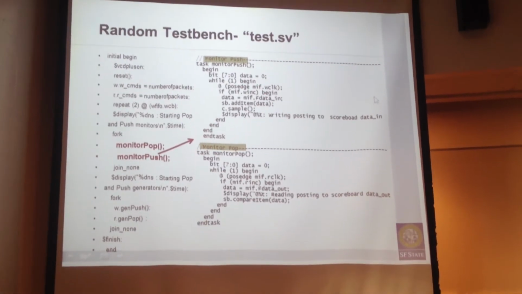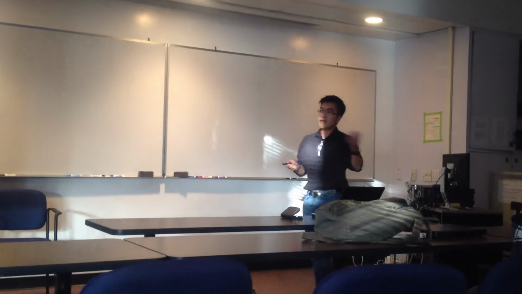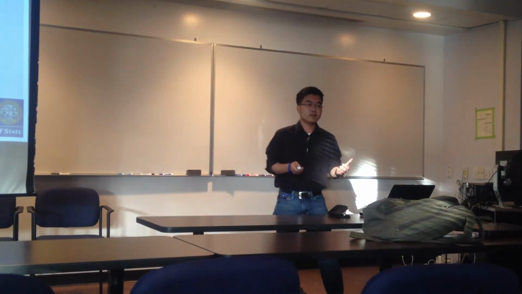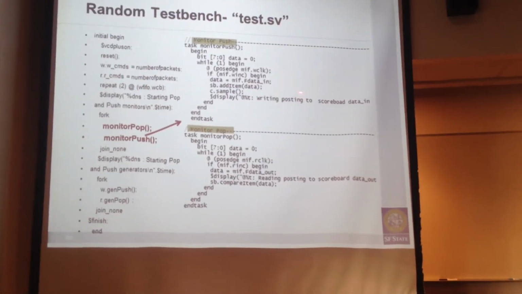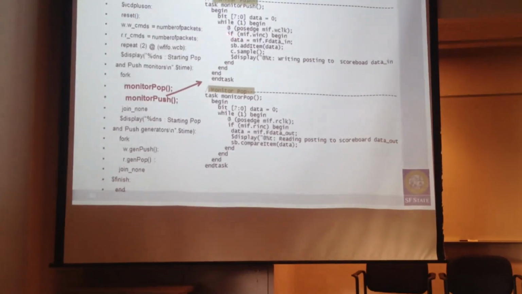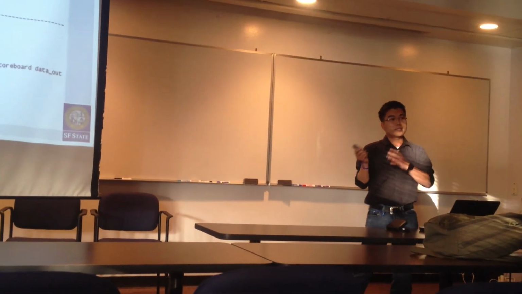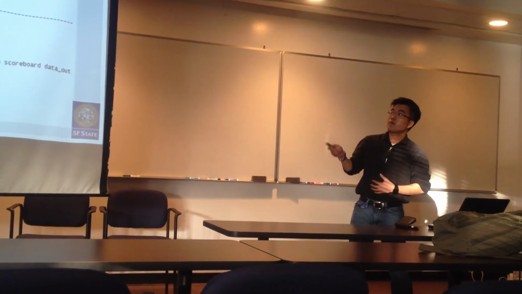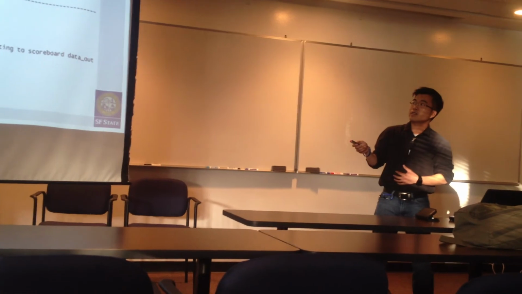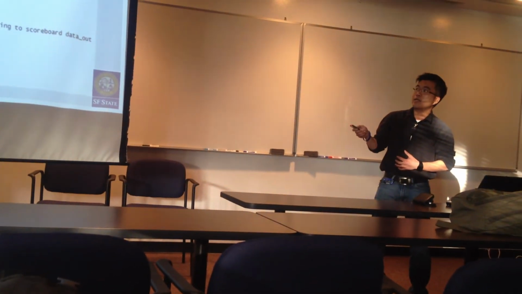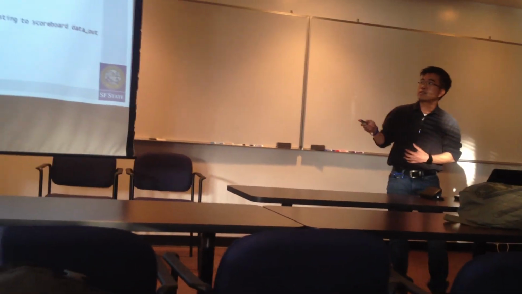I turn them on to wait for the input to be ready for the input data incoming and then the output data coming out. You see that the monitor push will monitor the data and then it will be sent to the scoreboard. The scoreboard function is add item. When the data input comes in, it will be monitored and then the data will be sent to the scoreboard for the add item.